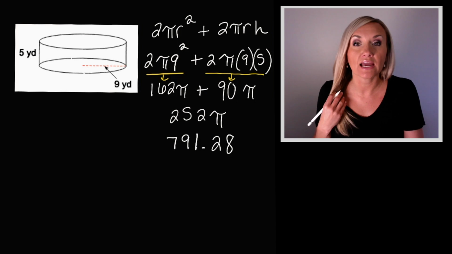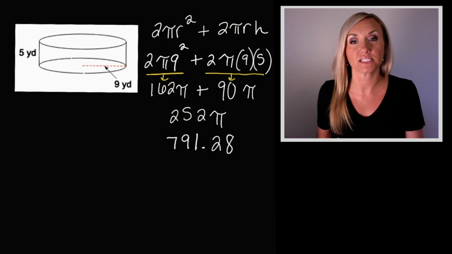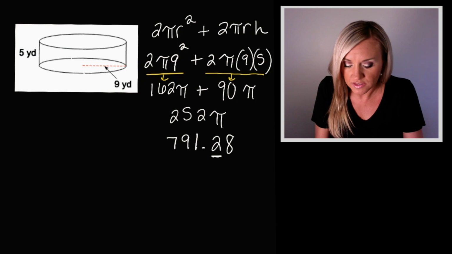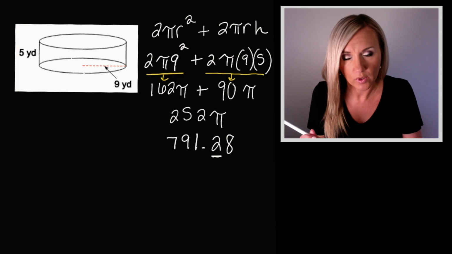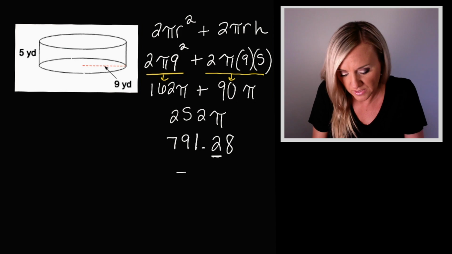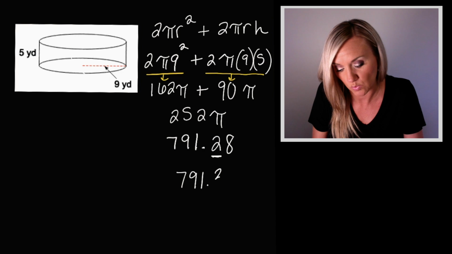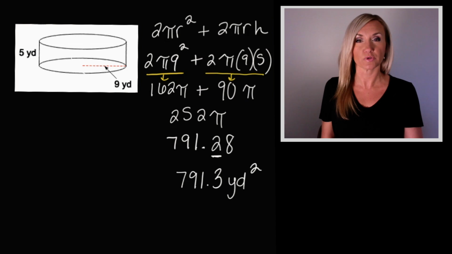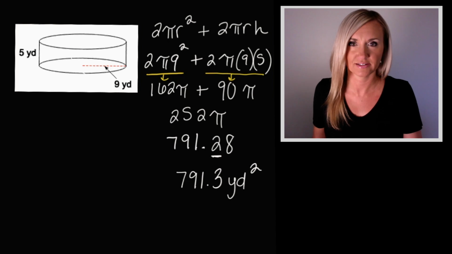And today I would like you to round to the nearest tenth. So if we go to the tenths, that's a 2, but you need to look at the one behind it, which is an 8. So therefore, we round the 2 up to 3, so it is 791.3 yards squared, because we are talking about surface area.